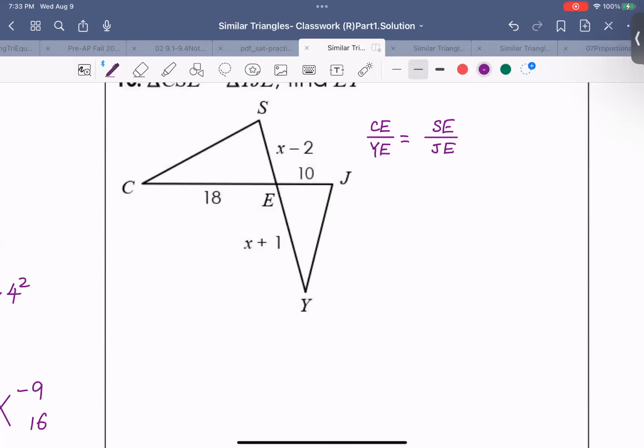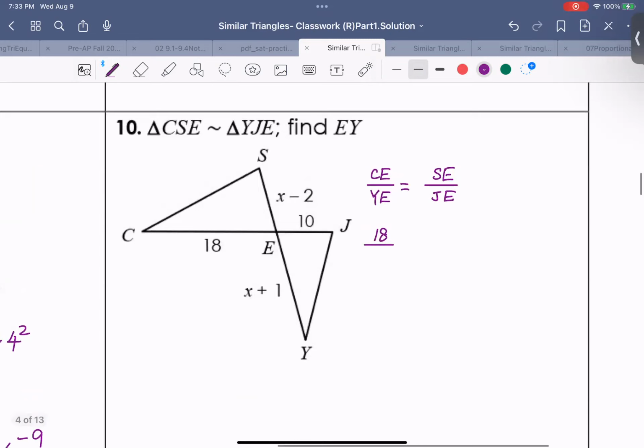That's pretty good. And then you have 18 over X plus 1 equals X minus 2 over 10. And then X plus 1 times X minus 2 is X squared minus X minus 2 equals 180.